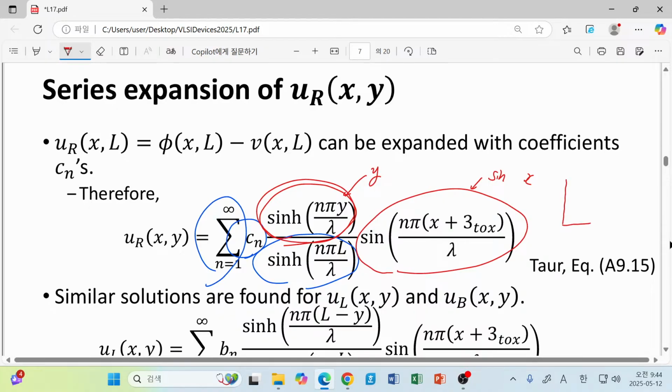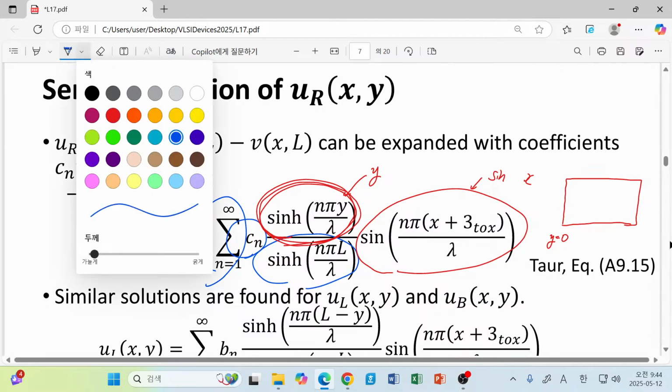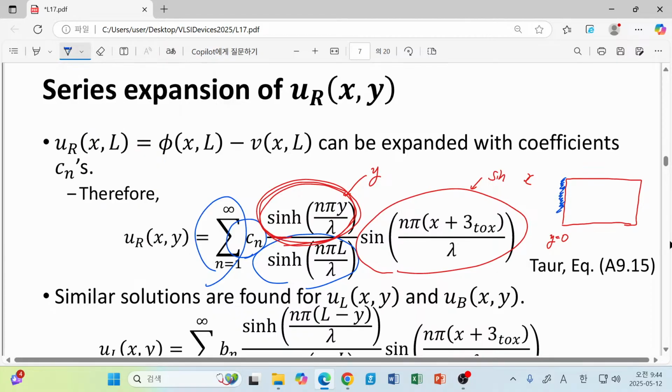So simply speaking, if we follow it this way, y equal to 0, then what happens? Hyperbolic sine functions vanishes. So hyperbolic sine vanishes always. So that's the reason why this boundary condition is well satisfied by this test function, the product between hyperbolic sine and sine. And how about this top and bottom boundary condition?